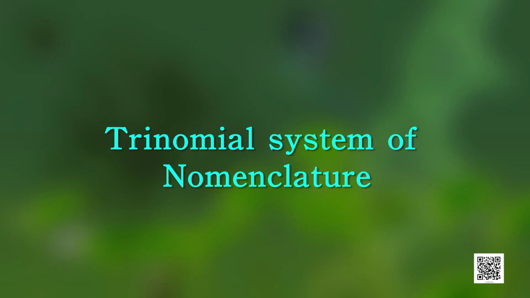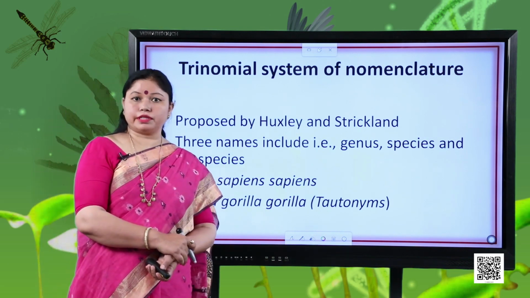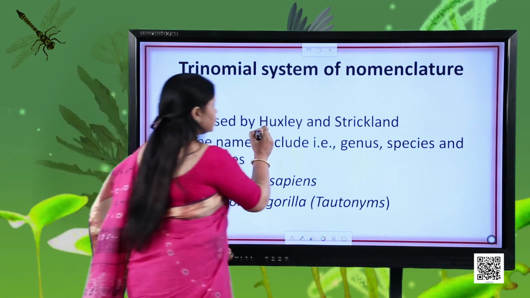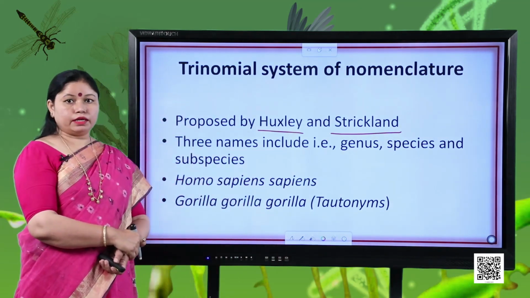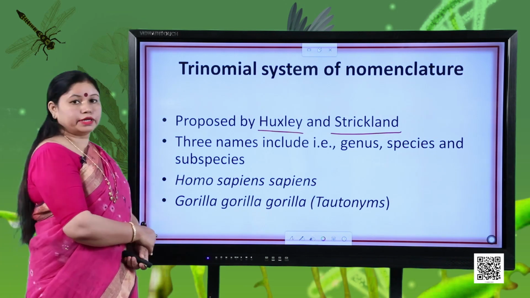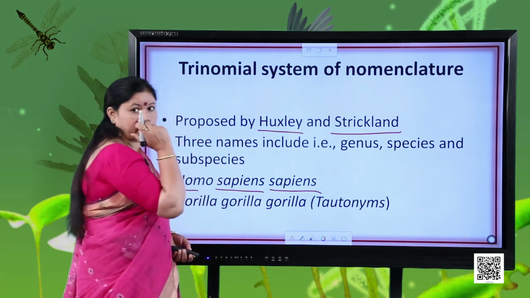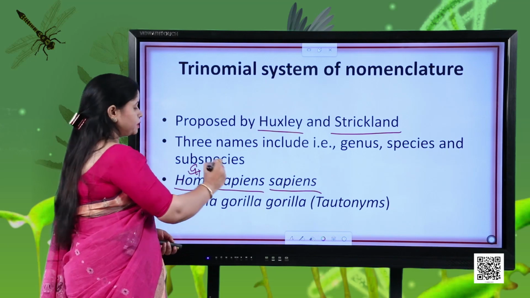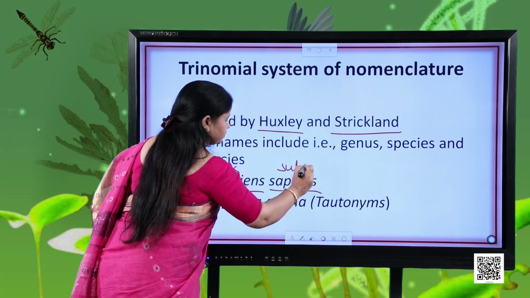There is another kind of system, trinomial nomenclature, which says any scientific name should consist of three words. This system was proposed by Huxley and Strickland. There should be three names in any biological name. For example, Homo sapiens sapiens. The first word represents genus, the next represents species, and the last one represents subspecies.